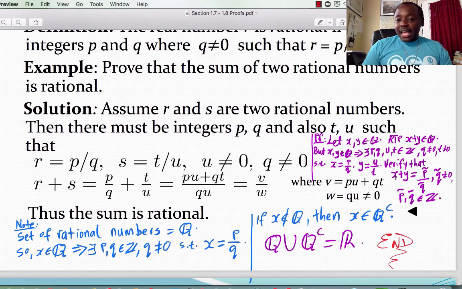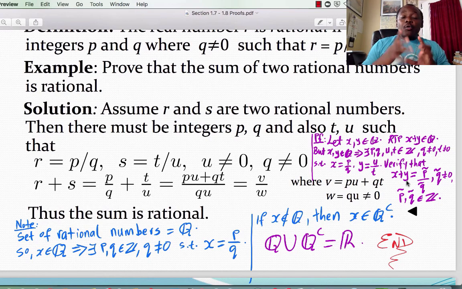In other words, X plus Y equals P wiggle divided by some Q wiggle, where P wiggle is an integer, Q wiggle is an integer, and Q wiggle is different from 0. If that is the case, then I conclude that X plus Y is a rational number.